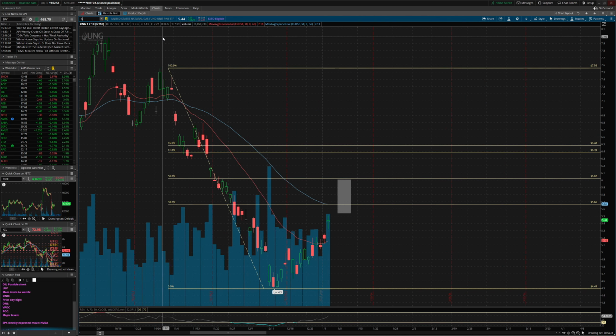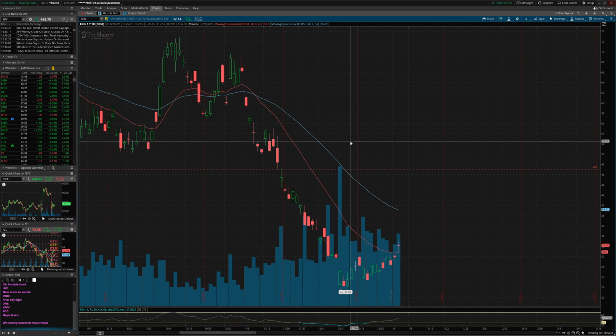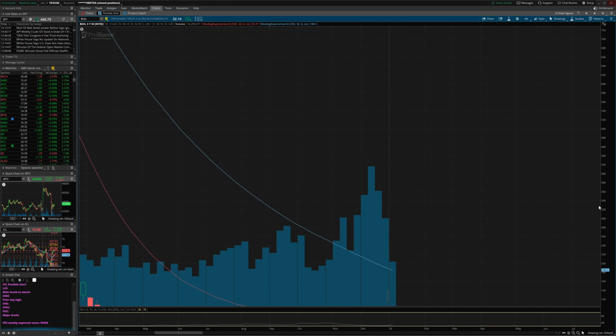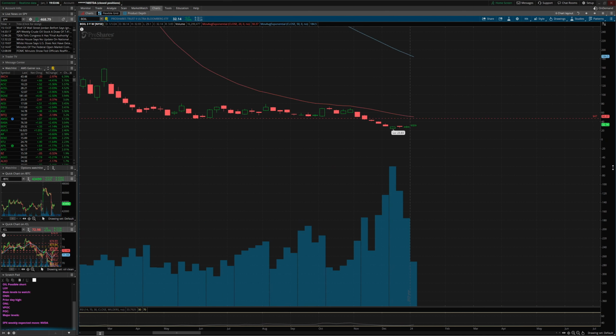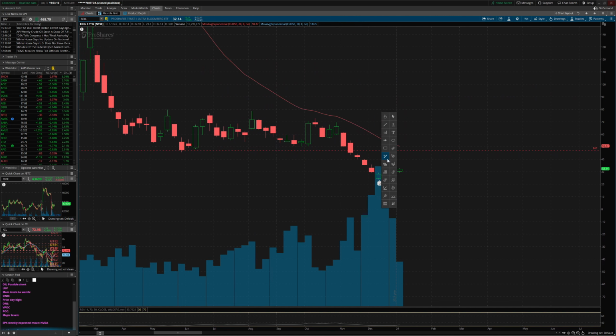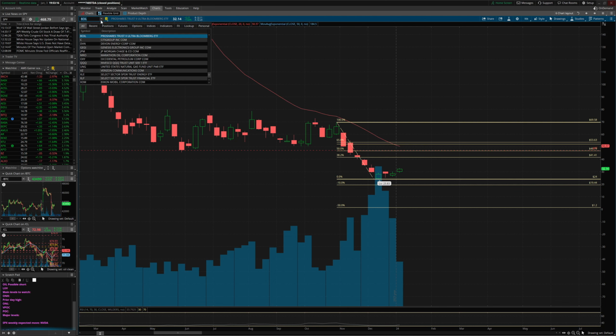As for BOIL, it's going to look very similar. I'm going to use the same analysis. Oh my god, they just decay, decay, decay. BOIL, it's because, I don't know, it's an ultra long, right?